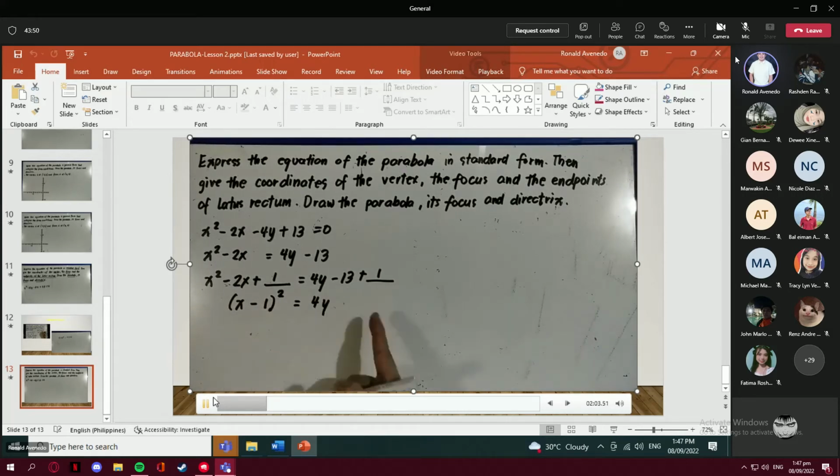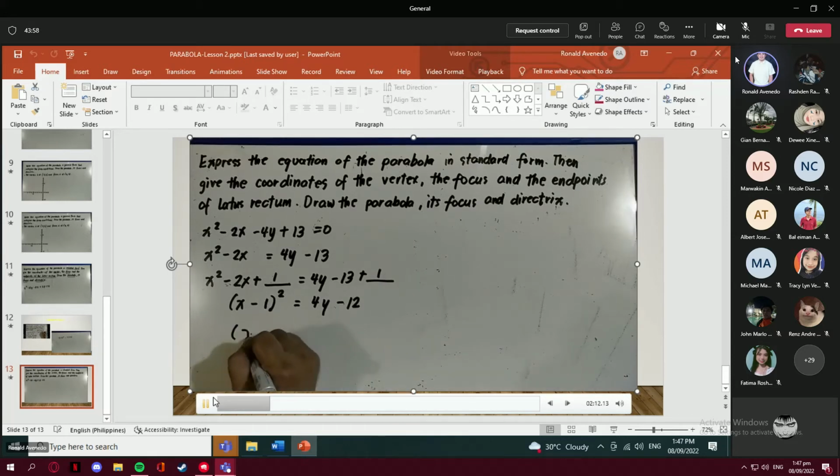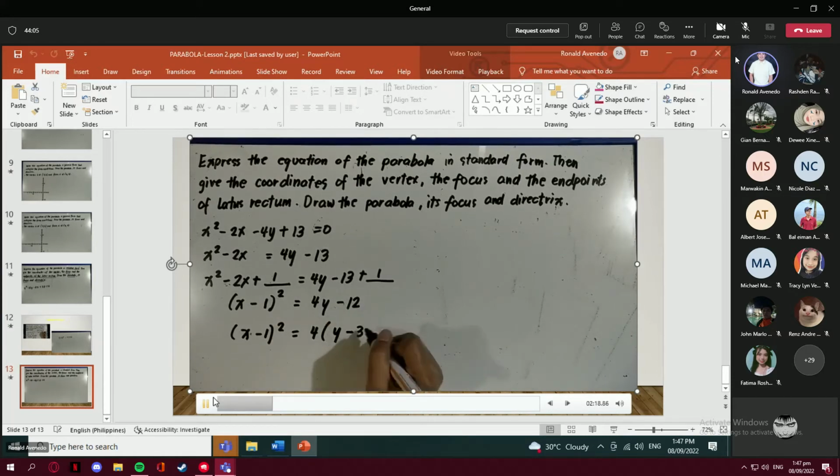Simplify: negative 13 plus 1 is negative 12. We need to factor out 4 so that y remains. So, we'll have x minus 1 squared is equal to 4 times y minus 3. So, this is the standard form.